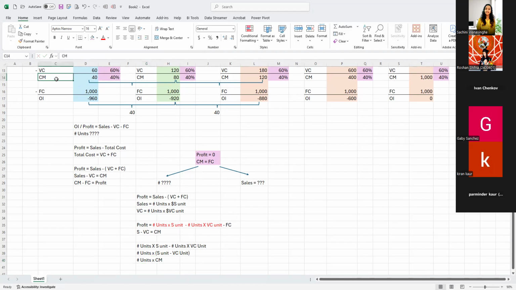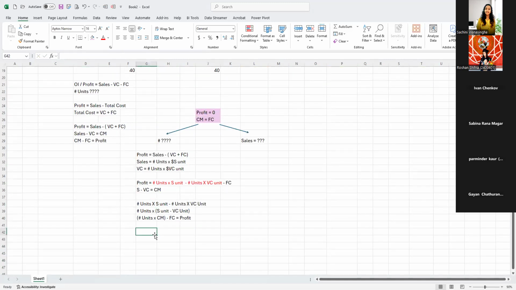So once I get the contribution margin, what do I need to deduct? Fixed cost. And once I deduct the fixed cost out of this formula, I'm going to get my profit. Correct? Yes. But we said we want the profit to be equal to 0.